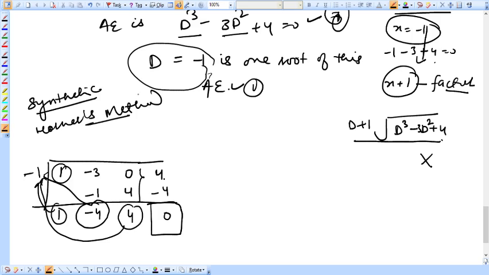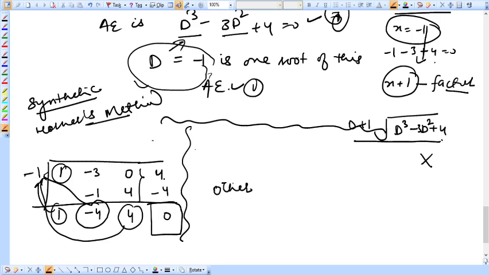One root is 3, and now another 2 roots over here. Because this equation has degree 3, it must have at most 3 roots, right?